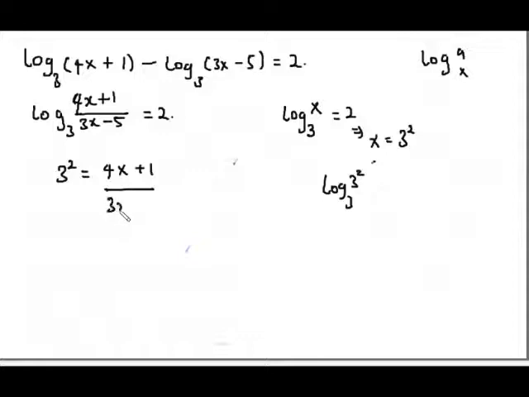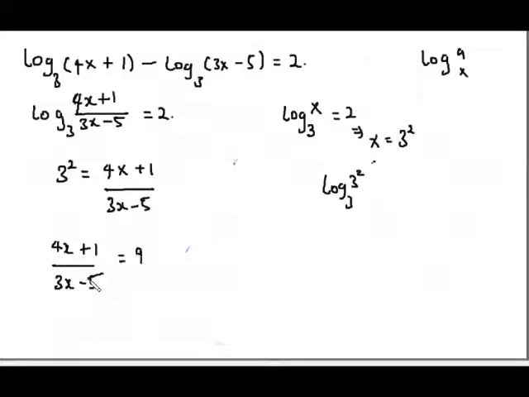So what we did here is we converted this equation into an exponential equation. So we took the base number and powered it by the result, and then had the value of the logarithm placed here. So the implication of this is that we have (4x + 1) over (3x - 5) equals 9.